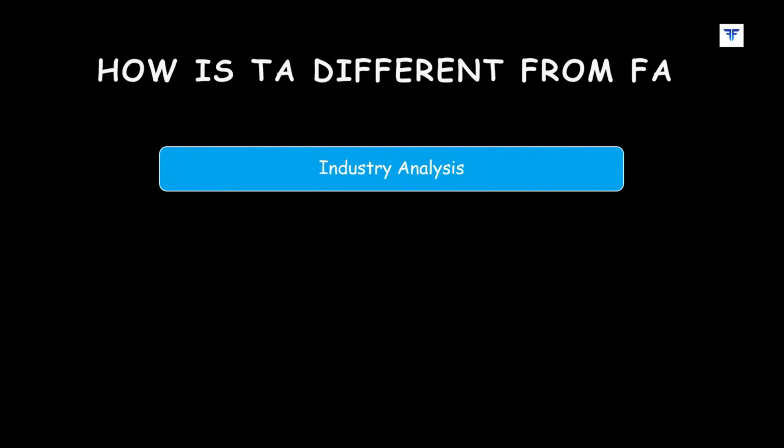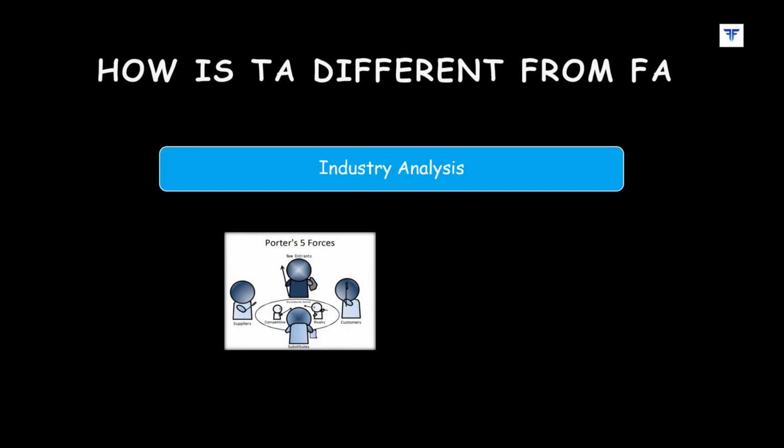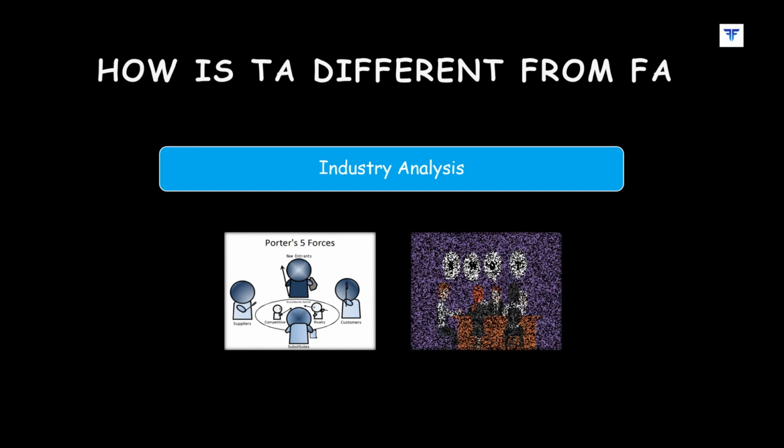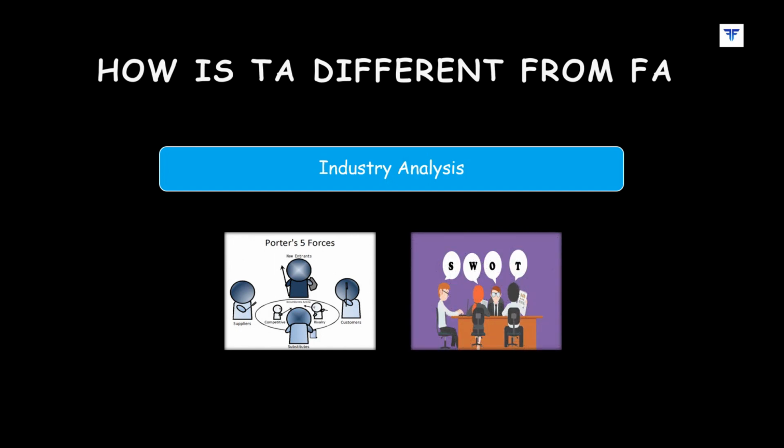Meanwhile, industry analysis is more specific in that it involves analyzing the competitors who are from the same industry. This is usually done by performing one or both of the Porter's 5 forces model and the SWOT analysis.